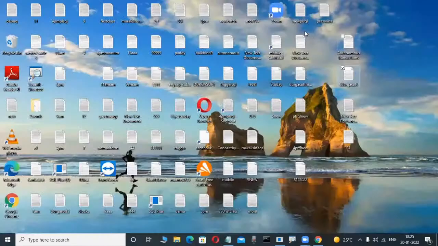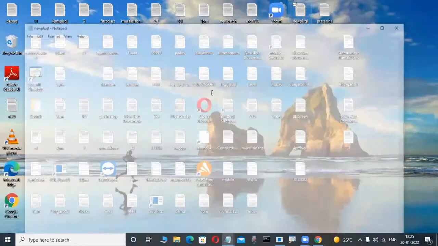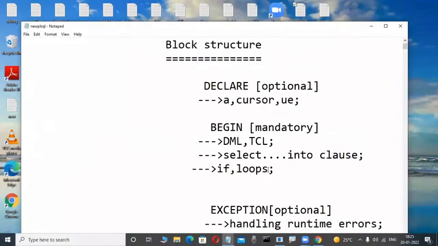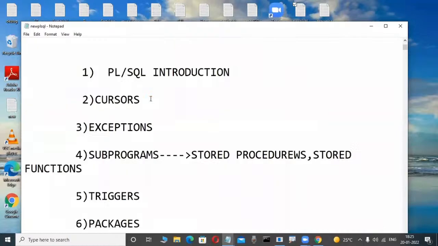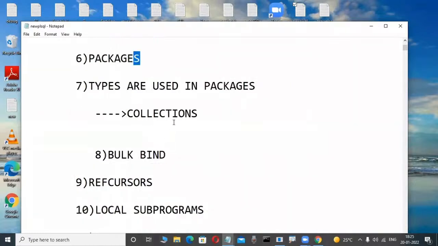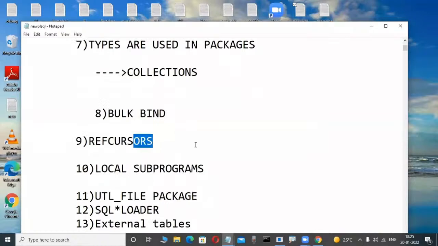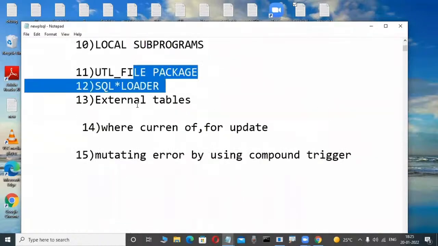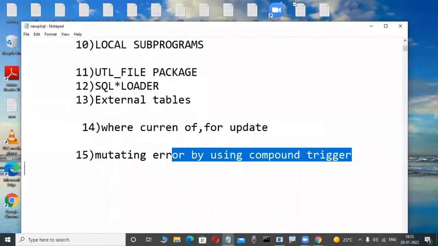Again, PLSQL means a little bit of coding is there. Don't be afraid. This is PLSQL. In PLSQL, you are writing this type of little bit of coding. In it there are cursors, exceptions, stored procedures, stored functions, triggers, packages, types, collections, bulk bind, ref cursors, local subprograms, UTL file packages, SQL loader, external tables, so many things like this.